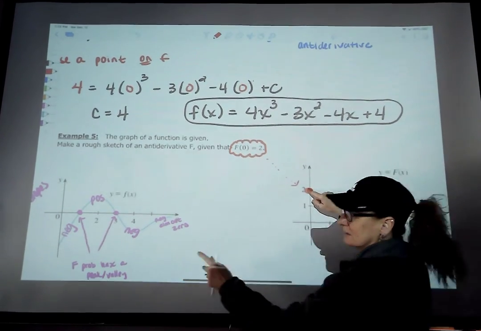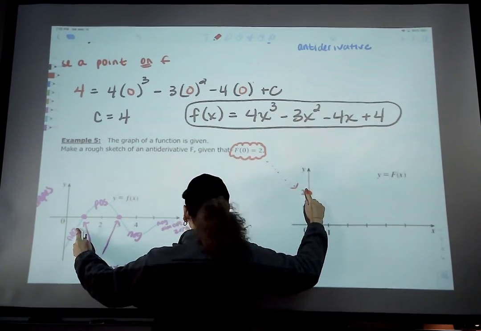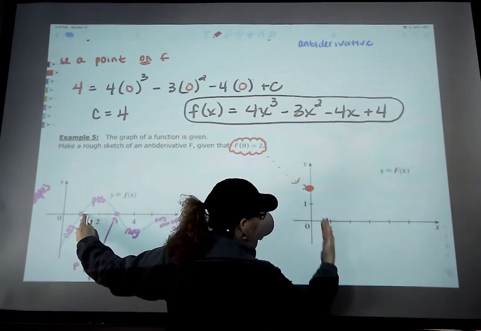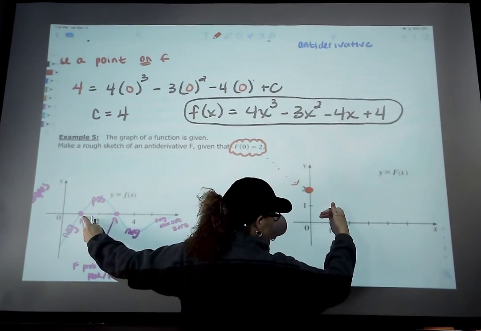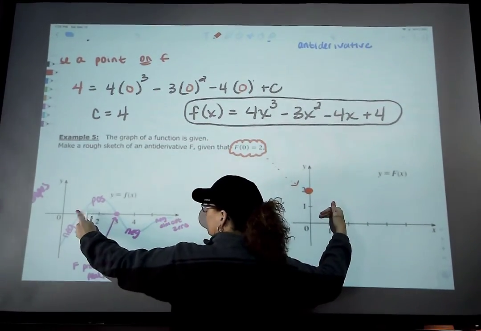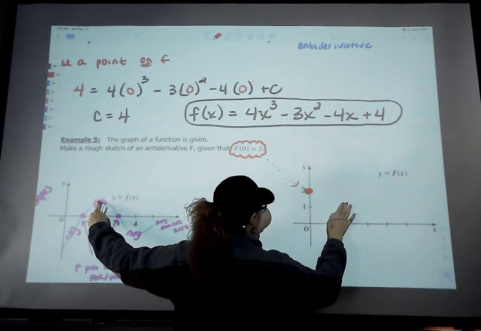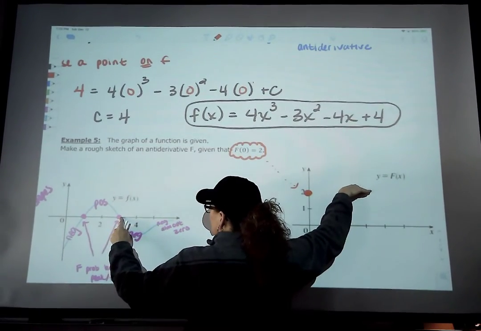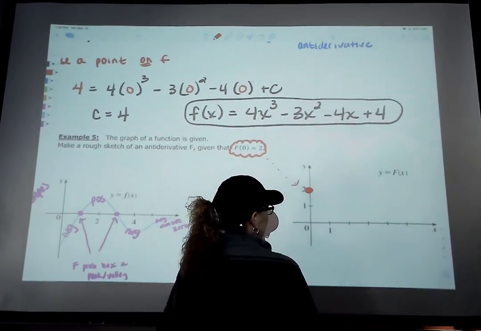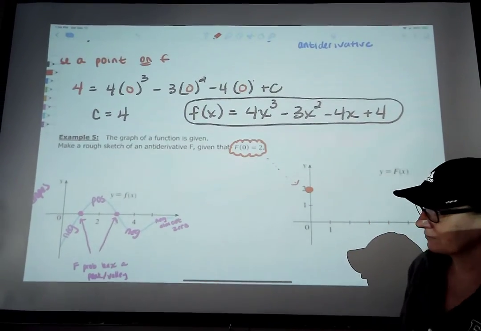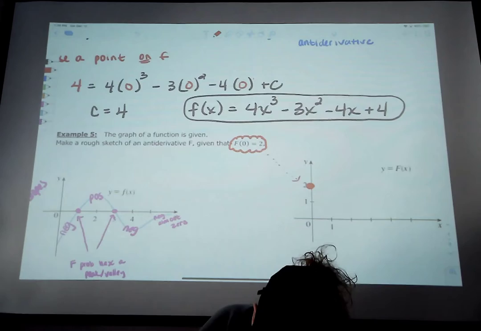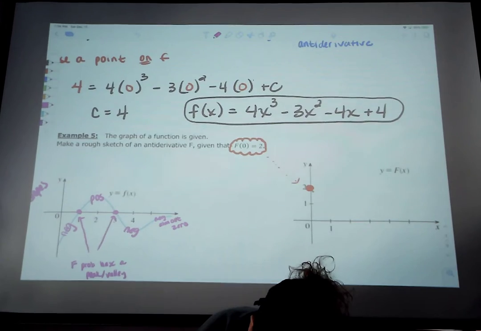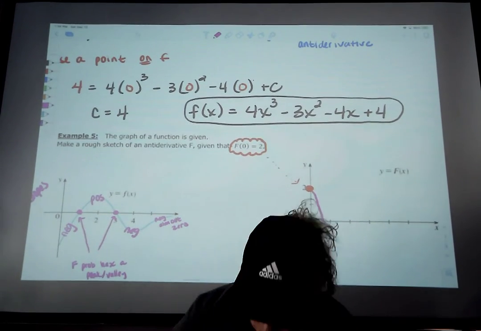So from here, let's start decreasing. Let's valley somewhere. I don't know how low to go. But let's have a slope of 0 when x is 1. And then let's start increasing. We're going to increase until x is 3. And then we're going to peak. And then we're going to start decreasing, and level off. Okay, so we're going to decrease until x is 1.